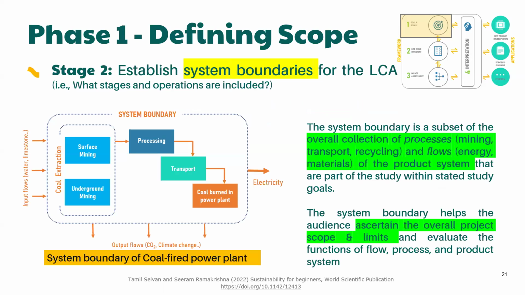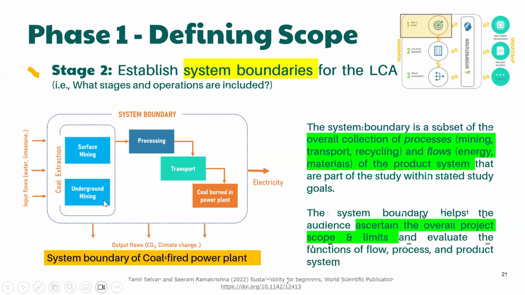Once we have a clear understanding of the product system, the next step of our phase 1 is defining the system boundary. If you look at the diagram here of our coal-fired power station, we have a set of boundary conditions, and it shows the combination of different processes involved in our study.